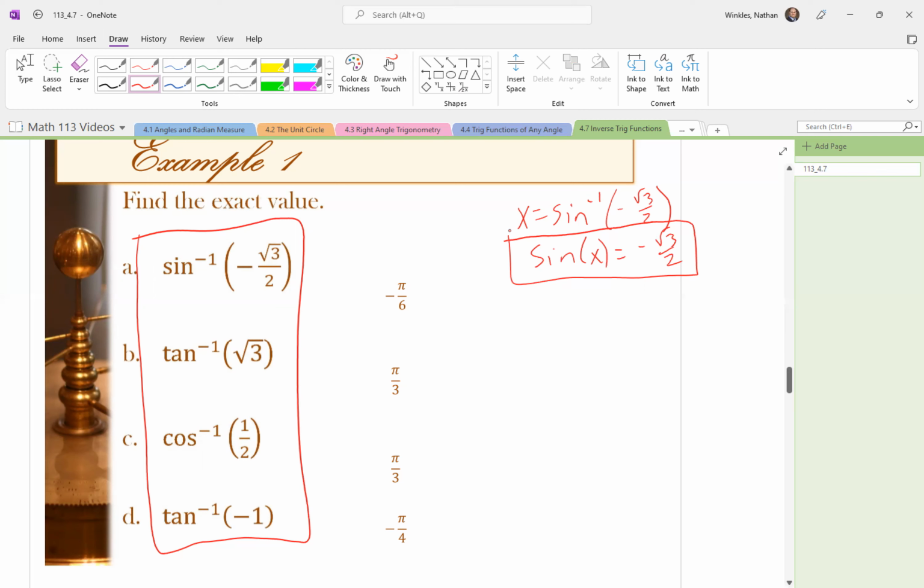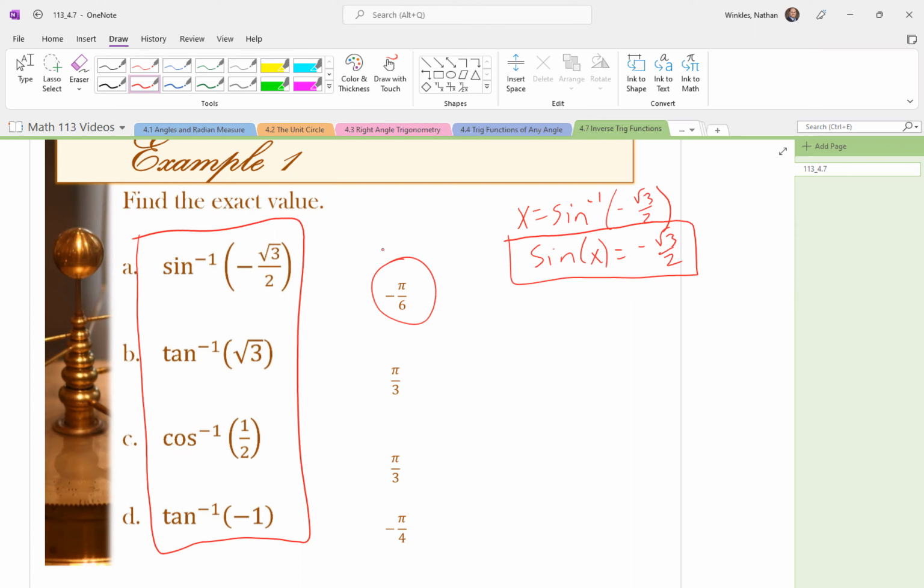What if we look at our unit circle here? So the inverse sine of negative root 3 over 2 would give us a negative pi over 6 value here.